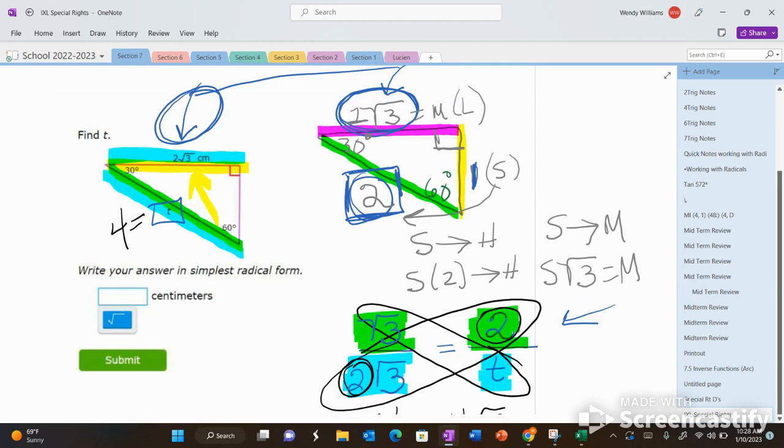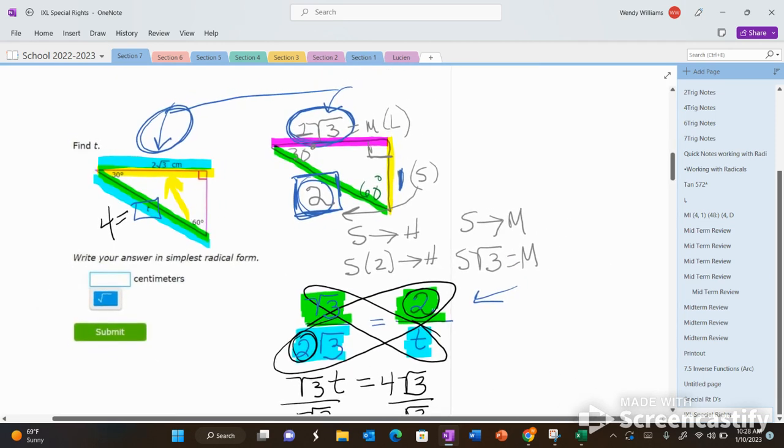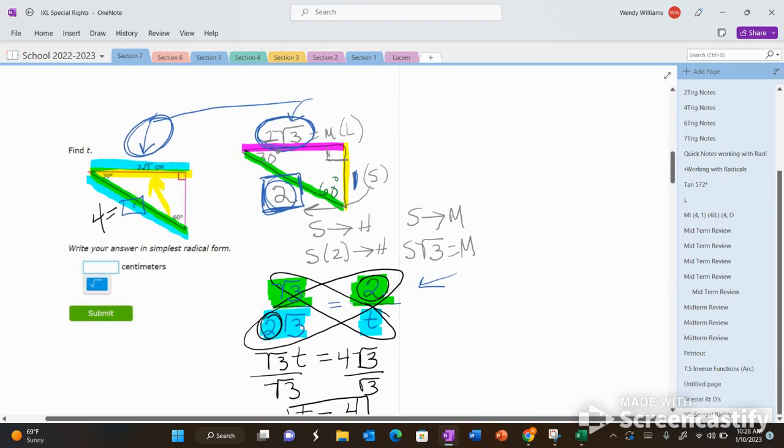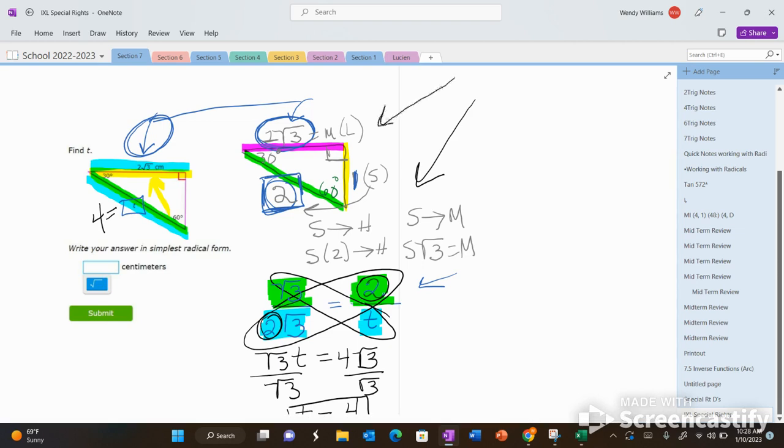Now, I've done these before, so I know the pattern very, very well. Once you do the pattern this way, using the corresponding triangles, you don't have to set a new triangle up every single time if you set it up at the top of your paper.